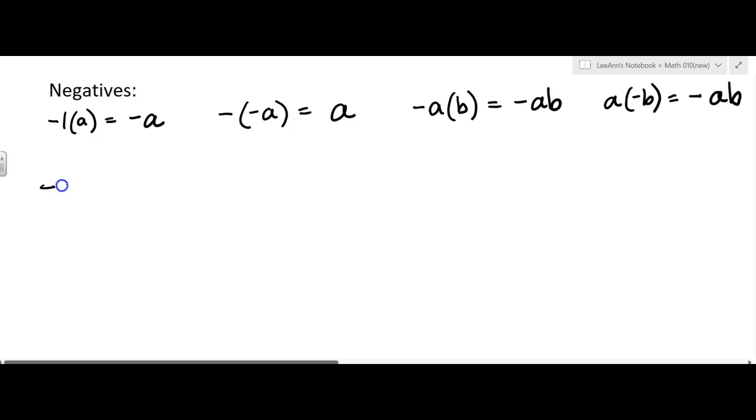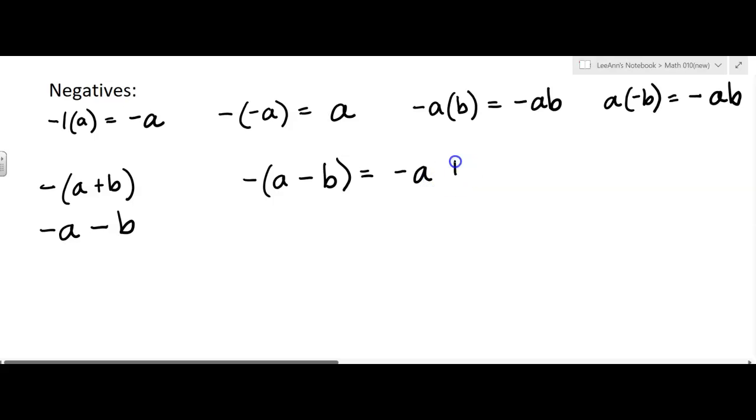Okay, so now then the two big ones. If you have the opposite of a plus b, this has to do with the distributive property that we talked about, then that's the opposite of a minus b. Okay, and then if you have the opposite of a minus b, that's going to be equal to the opposite of a plus b. And it's plus b because you have the opposite of negative b.